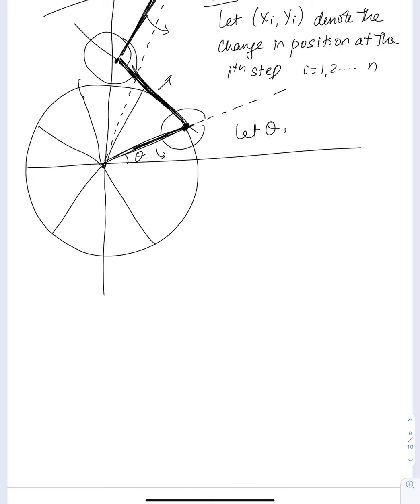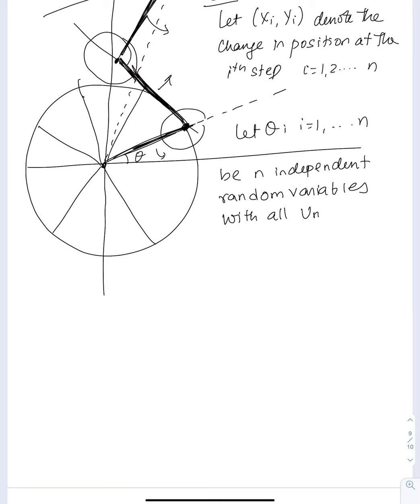Let theta i, for i being 1 through n, be n independent random variables, with all of them being uniform from 0 to 2 pi. Okay, so all of these theta i's determine what angle you're picking on the ith step.